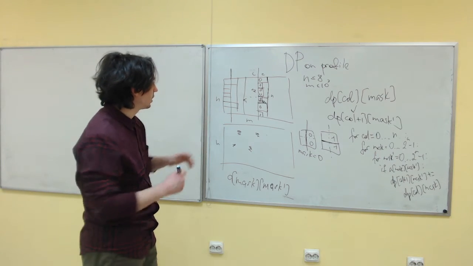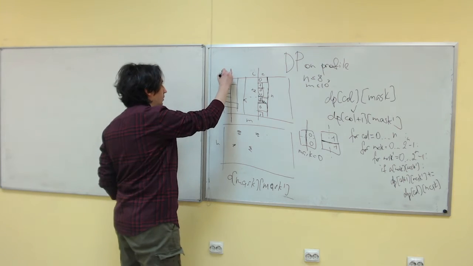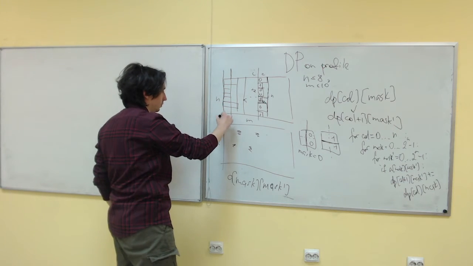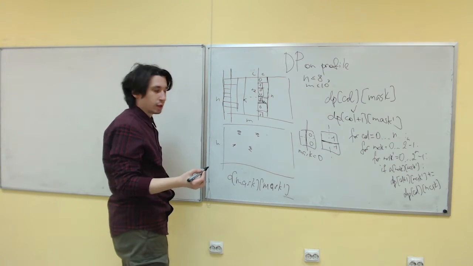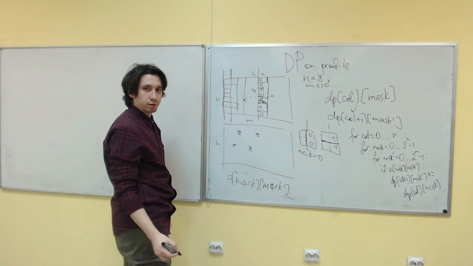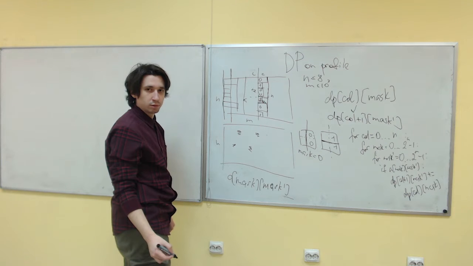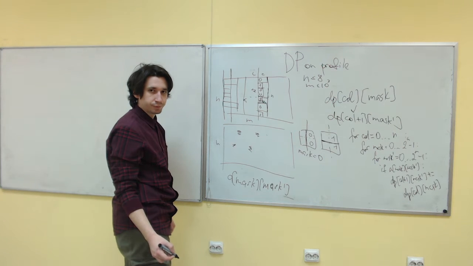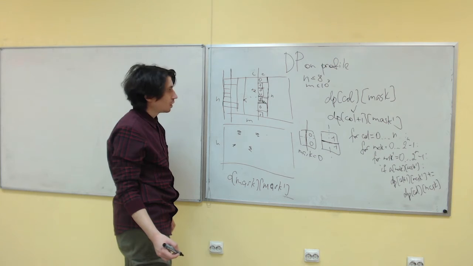At the beginning, how many columns did we process? No columns, 0, right? Then what is the profile there? Do you mean we could have a fake column on the left, which would be all ones?